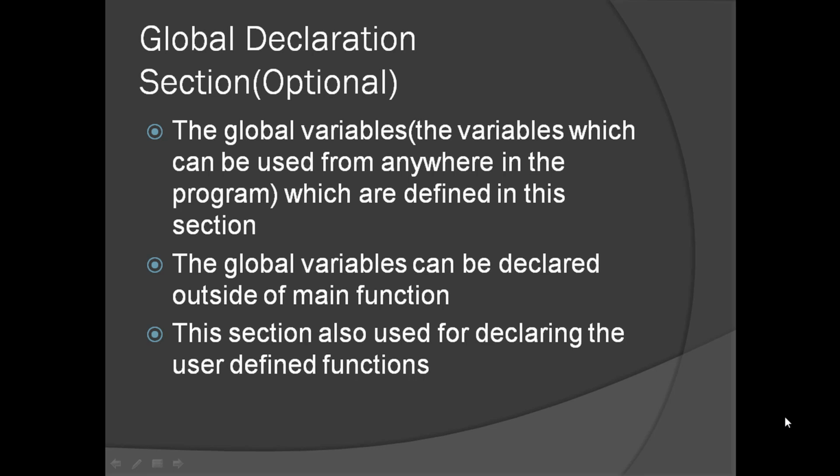So that is the meaning of global variables. There is the concept of global and local variables, which we will discuss in the functions topic. As of now, no need to worry about these things: what is a global variable, what is a local variable, what is scope and what is lifetime. These things will be discussed in the functions topic.